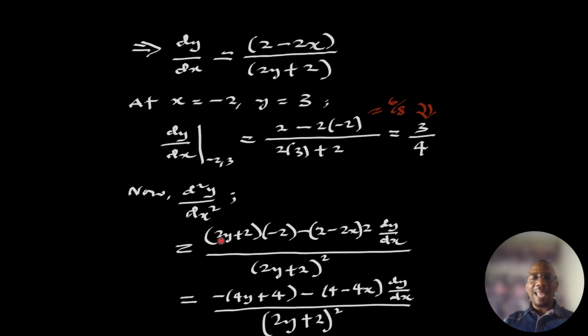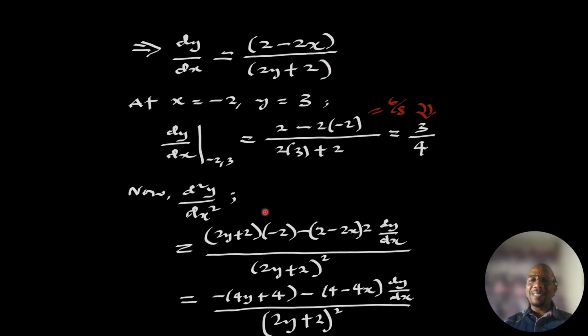Now, for d squared y/dx squared, we are differentiating our answer, this dy/dx, a second time. That gives us d squared y/dx squared. This is bringing us into another technique. This is the quotient rule we are going to make use of here, because this is u of x and this is v of x.